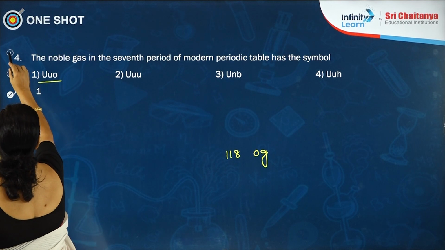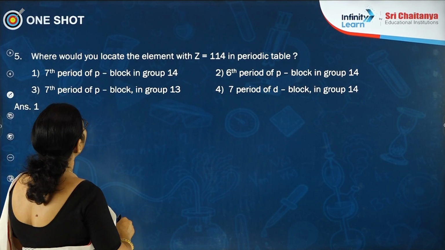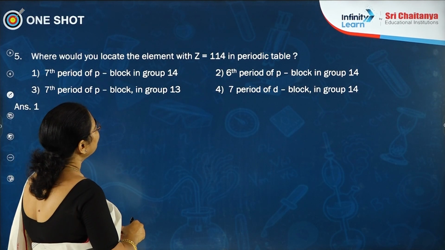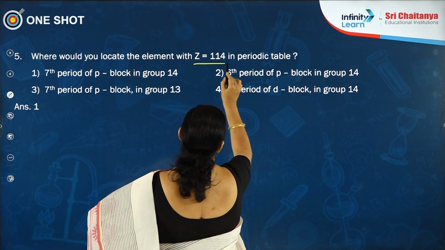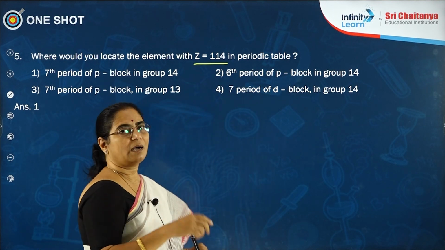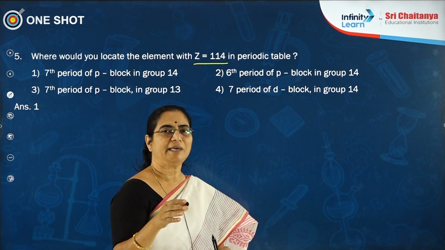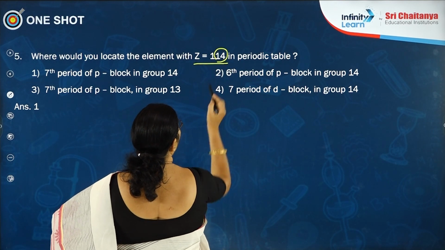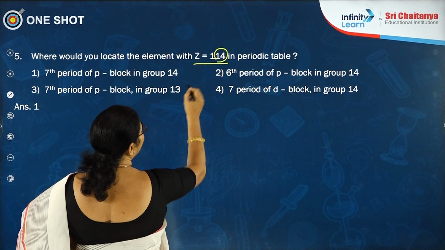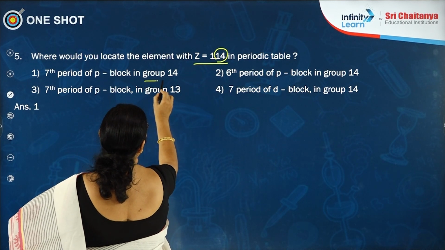Next, this model question: where would you locate the element with atomic number 114 in the periodic table? All of you listen, 114. After 110, for almost all the remaining elements, the last 2 digits equal the group number. So, 114 means group number 14.